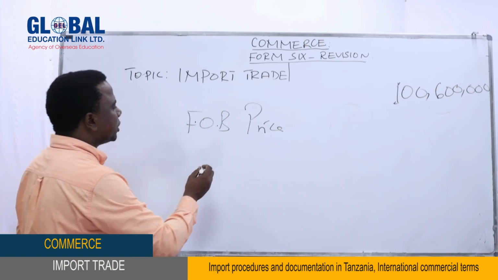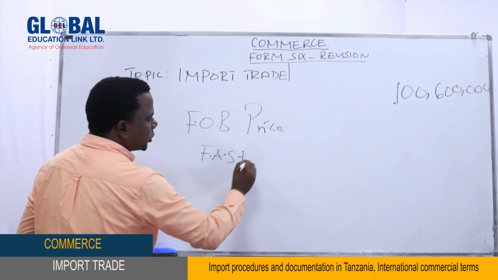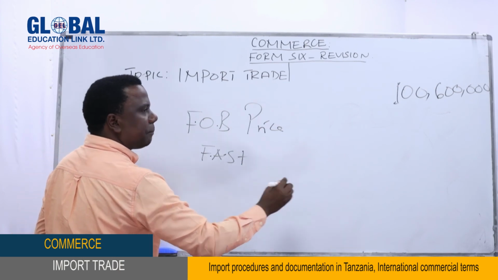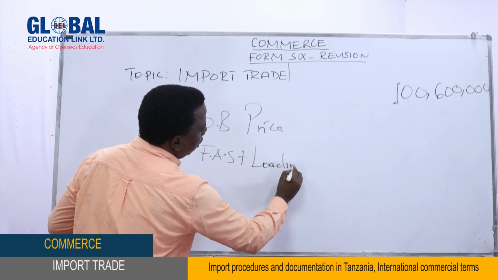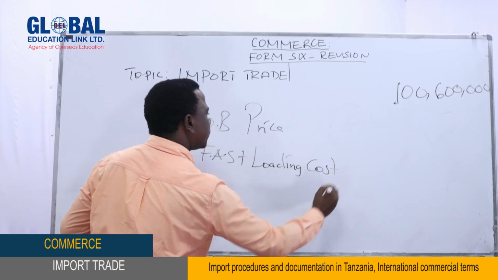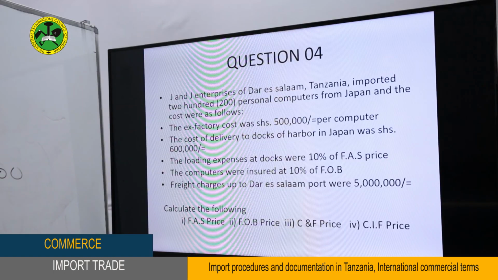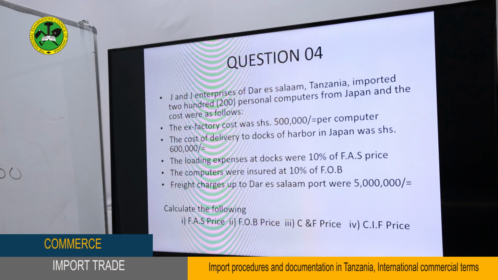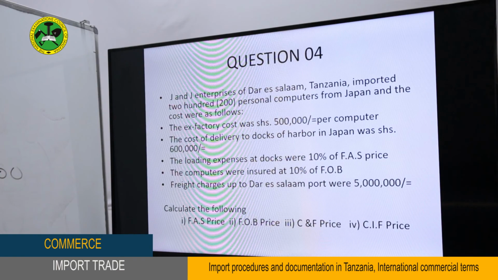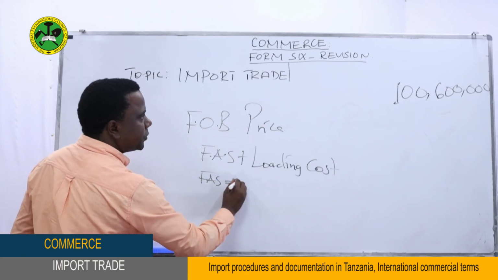So in short, you take first price, you add the loading costs. But the question says the loading expenses at dock were 10% of first price. So you should calculate 10% of first price. Now you have first price here.